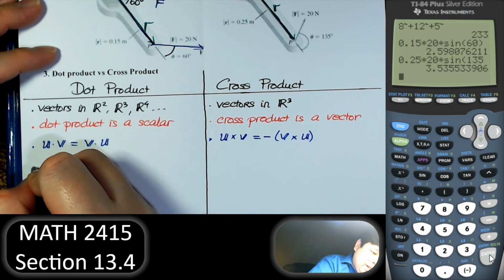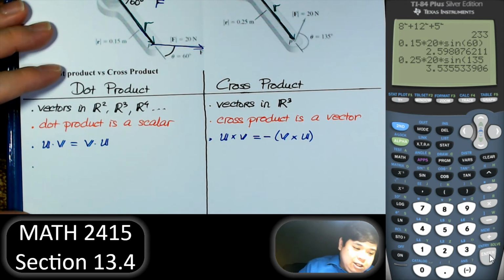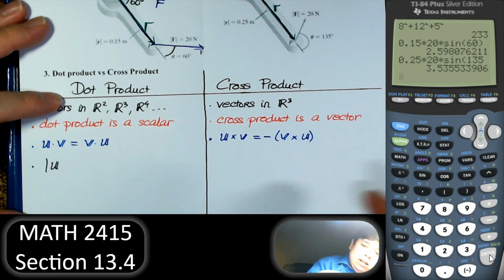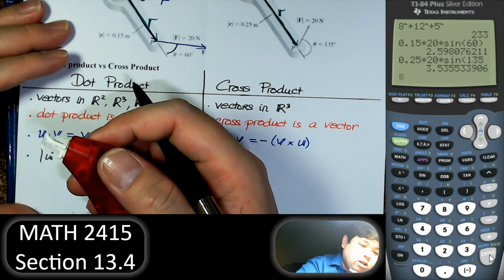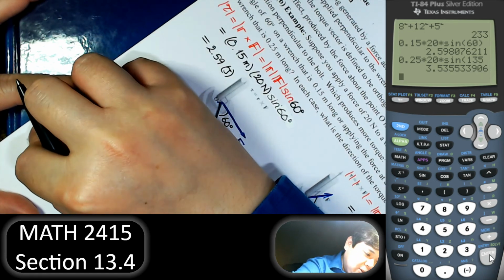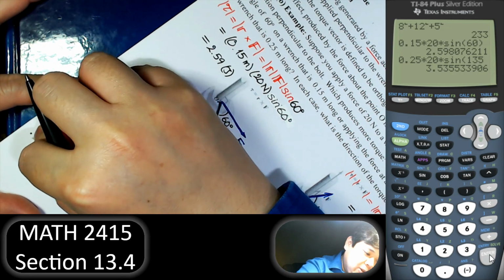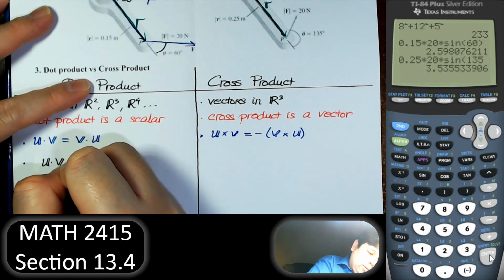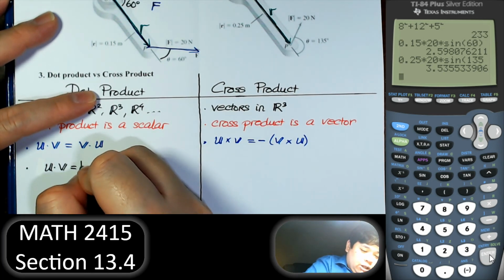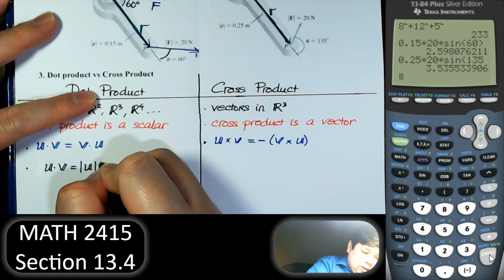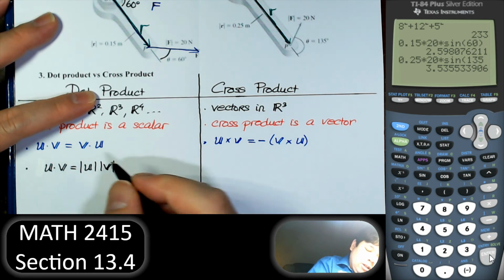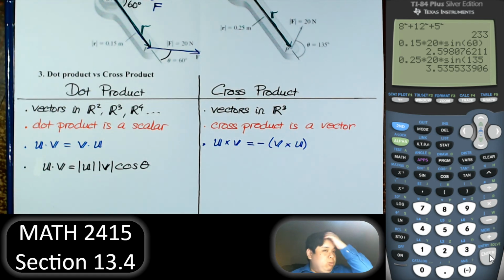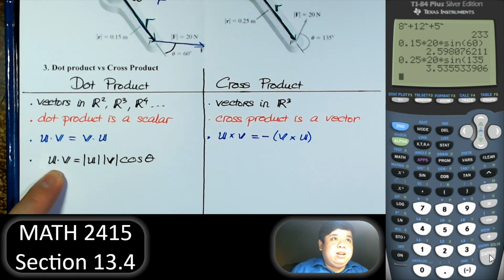Next, the dot product is equal to the product of the magnitudes times the cosine of the angle in between them. It could be positive, could be negative. So this dot product could be negative.